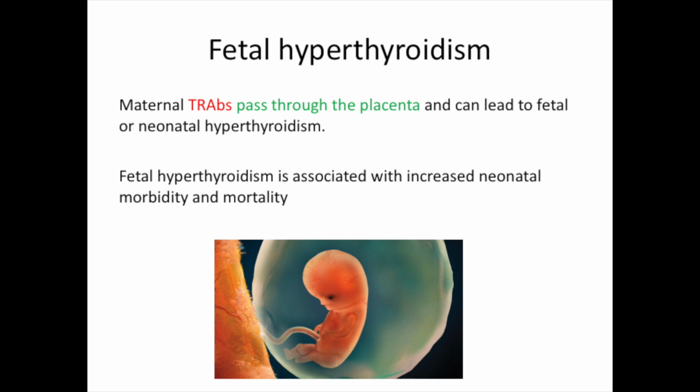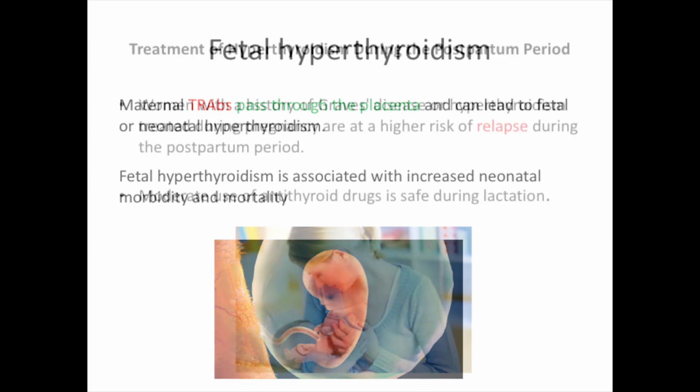It will end up with loss of weight, small for gestational age, preterm labor, and even racing heart, ending up with cardiomyopathy or heart failure in the baby. This is called fetal hyperthyroidism. When the baby is delivered, the baby will be taken by the neonatologist and treated accordingly.